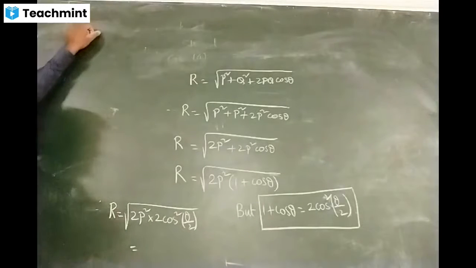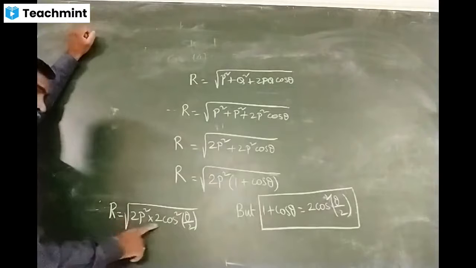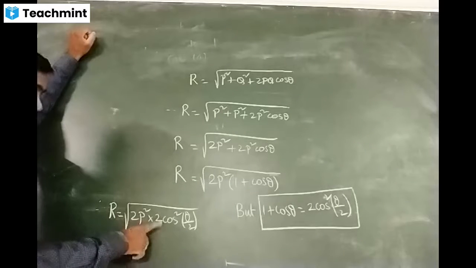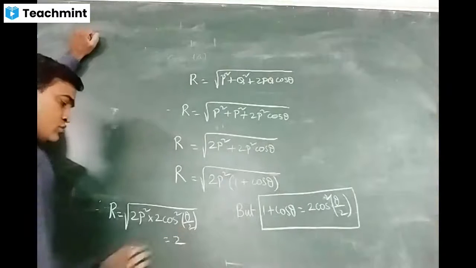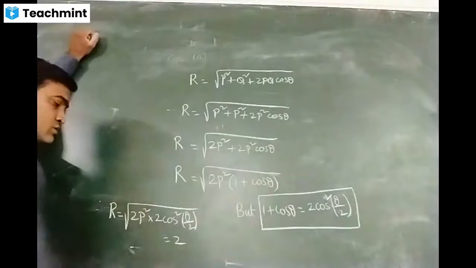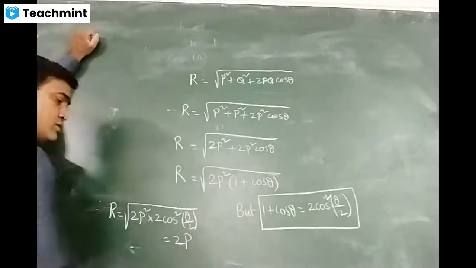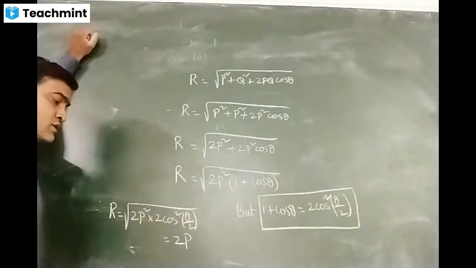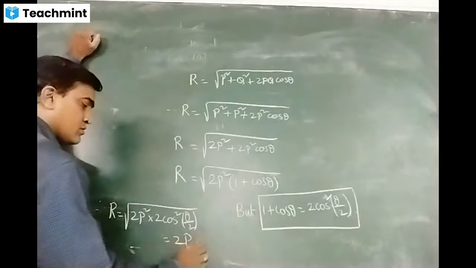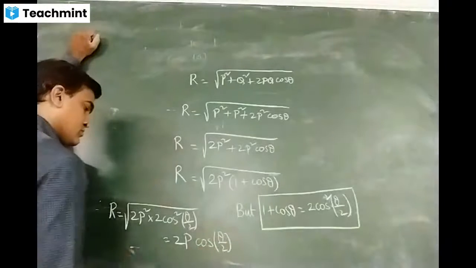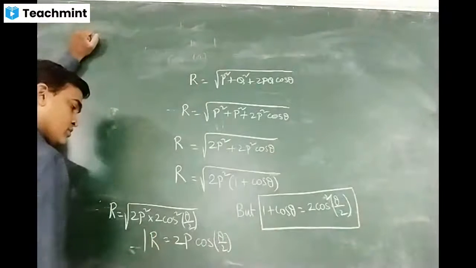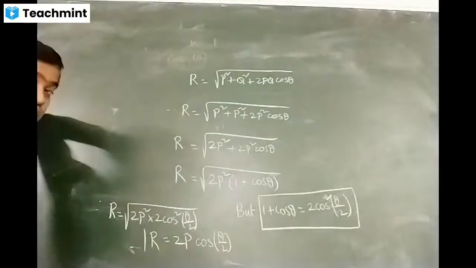Now finally what will we get? 2 into 2 is 4, the square root of 4 is 2. P square under root is P. Cos square theta by 2 under root becomes cos theta by 2.